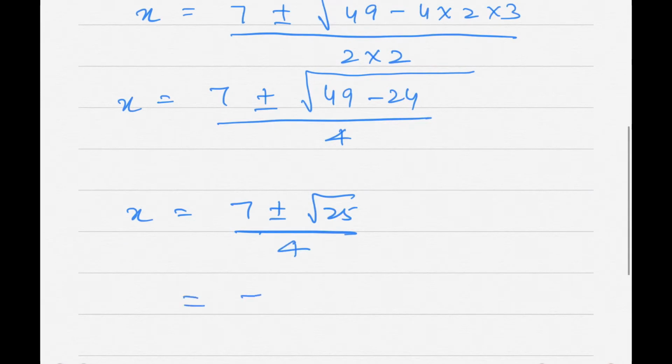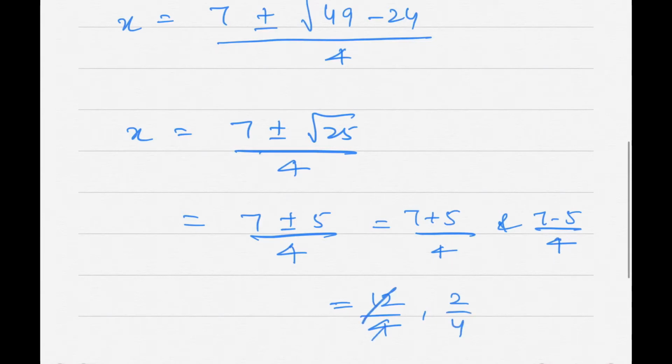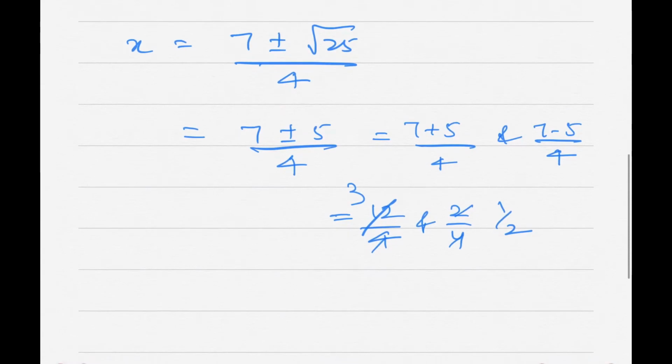So I have 7 plus minus 5 by 4. So 7 plus 5 by 4 and 7 minus 5 by 4. This gives me 12 by 4 and 2 by 4, so this is 3 and this is 1 by 2.